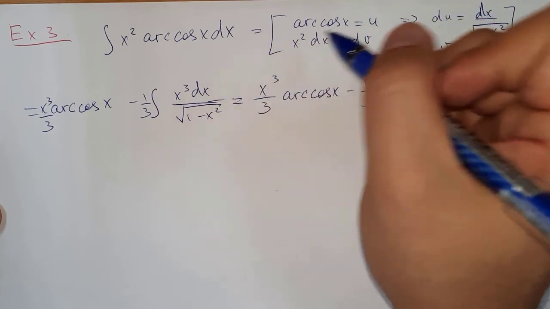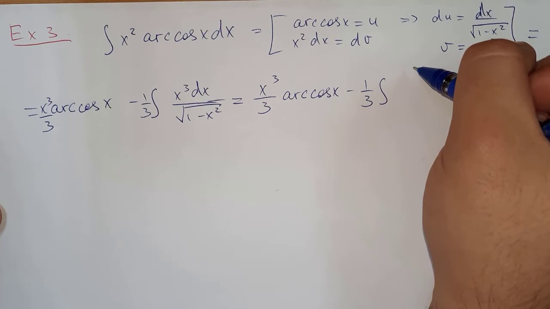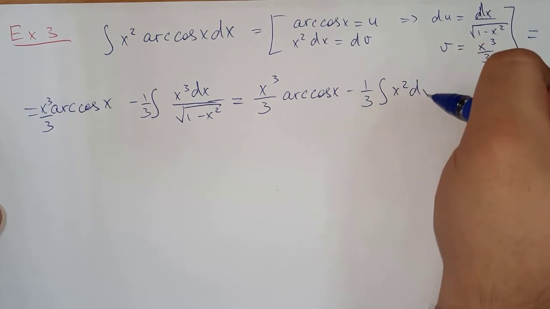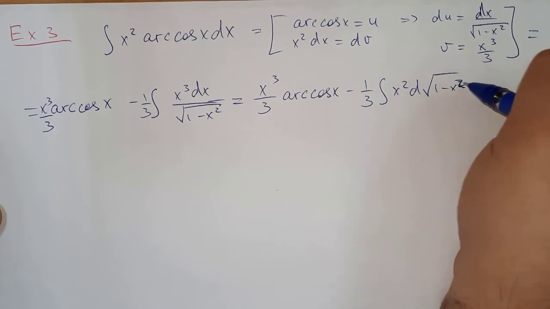It is the differential of the square root of 1 minus x squared over x. We need to divide by x, and here we have x squared times d of the square root of 1 minus x squared. This one we will get.